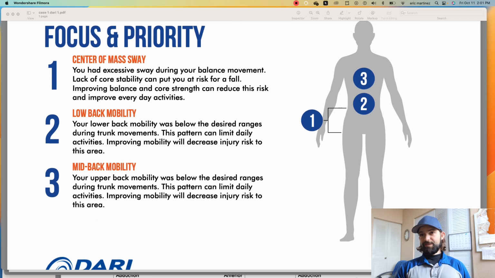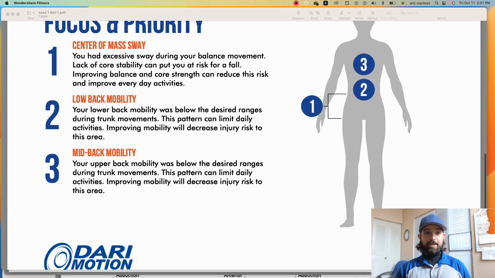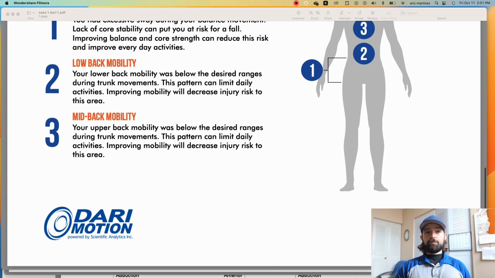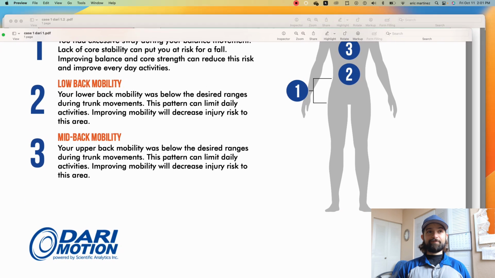So center of mass. Basically, they have no control of their whole trunk region and their lumbopelvic. That's not good. They have no control. They're not good at it. So if you have no control, you can't really produce power, right?